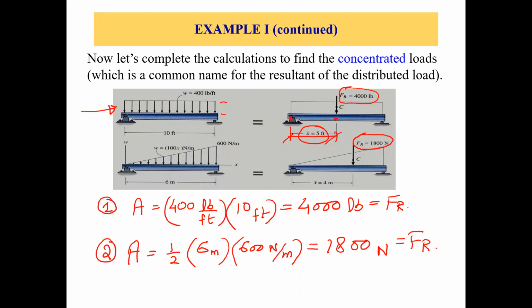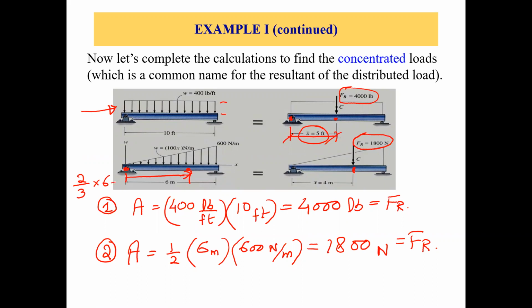Okay, now how do we find the location of this concentrated load, or the resultant force, this point? As we are talking about this triangle, from the base of the triangle, what is the location of the centroid? You know it's 2/3, right? So 2/3 times 6.